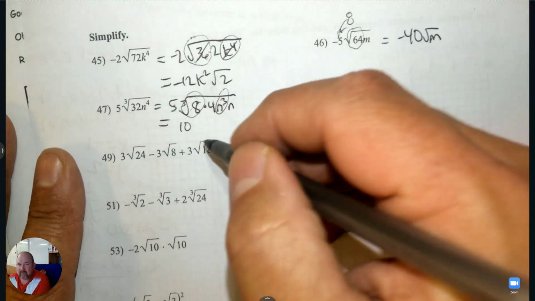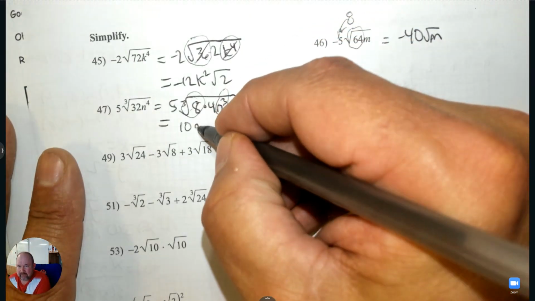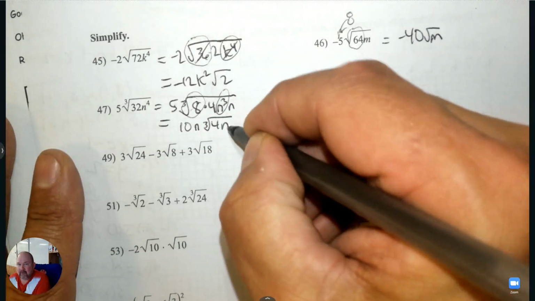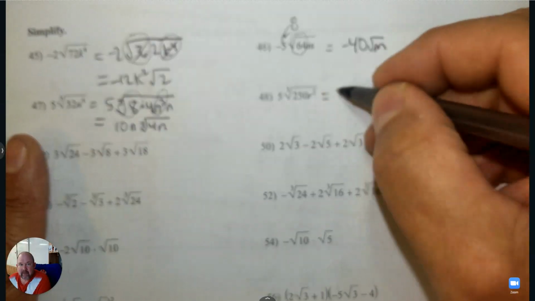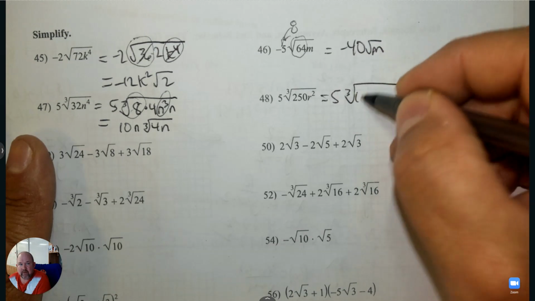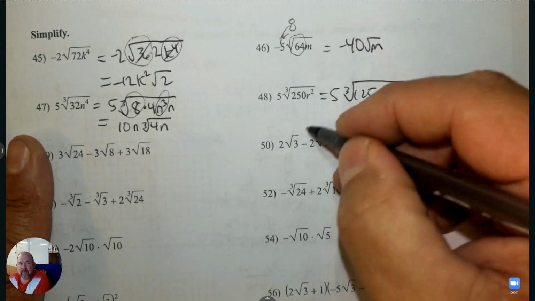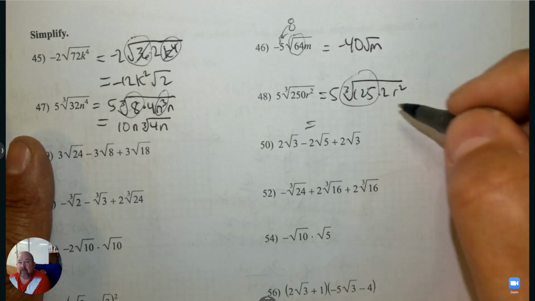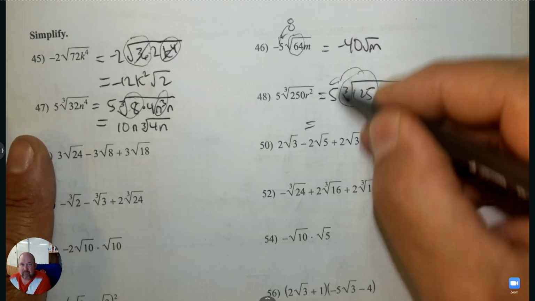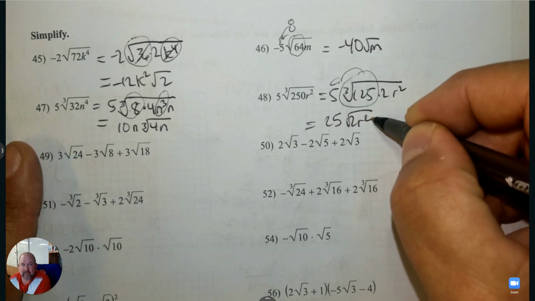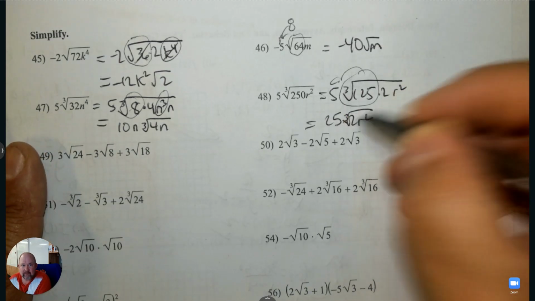The cube root of n cubed is n, divide by 3. And then what's prime and left behind is 4n. The cube root is 125 times 2. And so the cube root of 125 is 5, times 5 is 25, and then 2r squared is prime. Oh, there's a little 3 there.